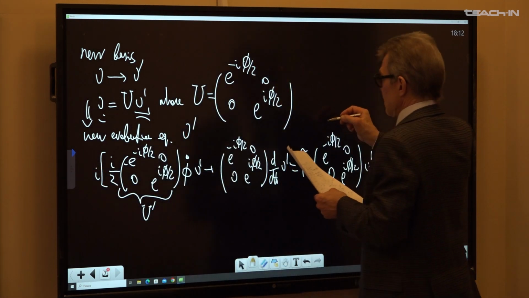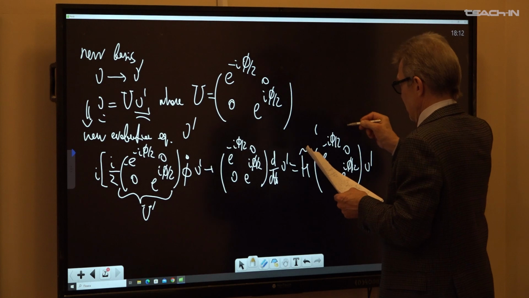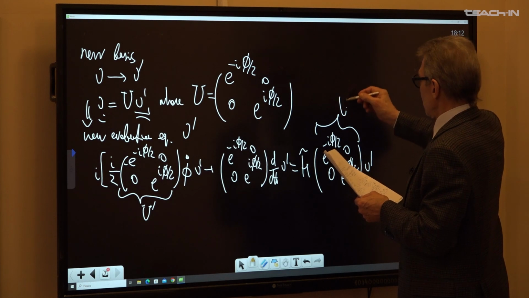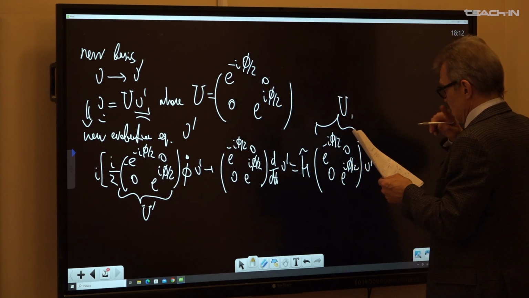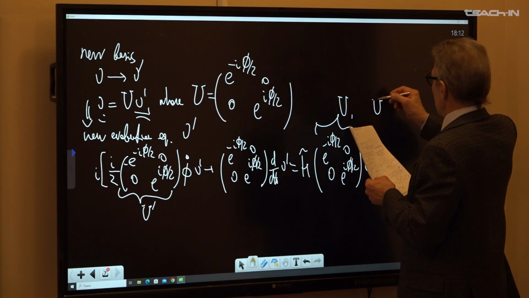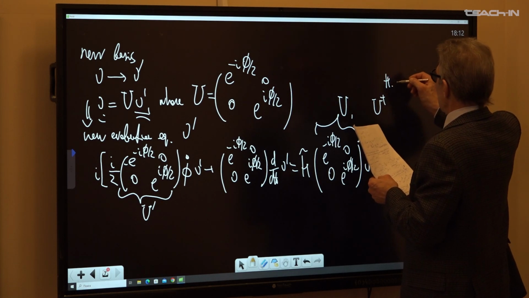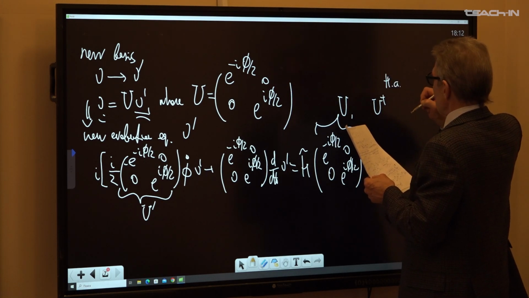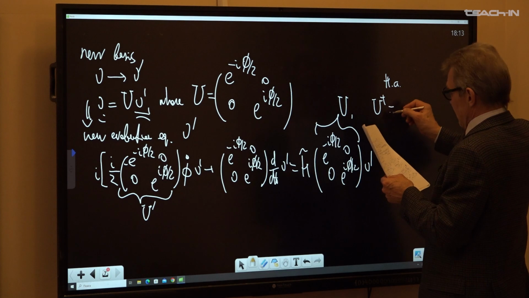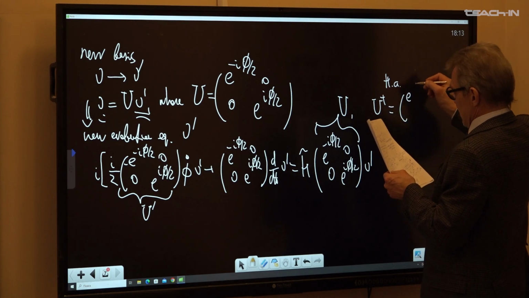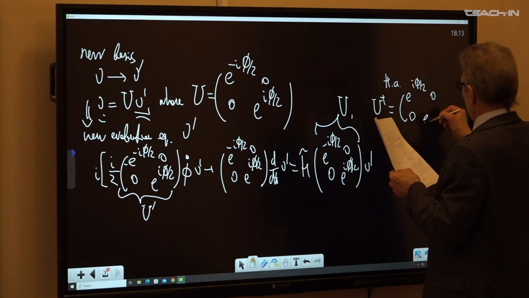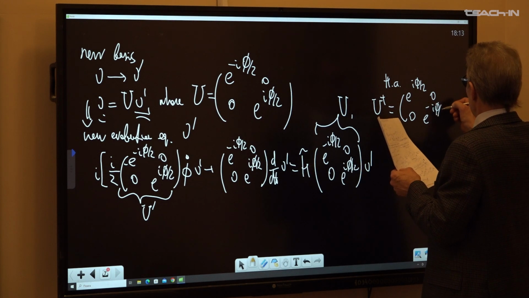So this is U. And what we also need is the Hermitian adjoint matrix, U cross, Hermitian adjoint, conjugated as you wish. It is nothing but e to the i phi divided by 2, 0, 0, e to the minus i phi divided by 2.